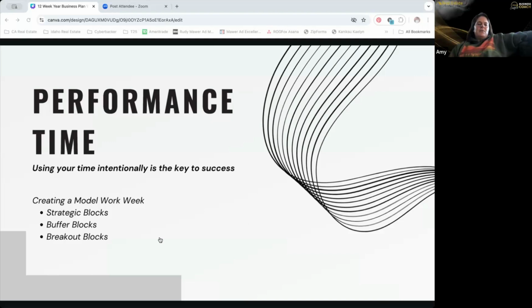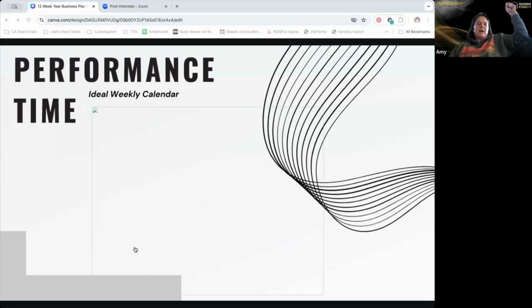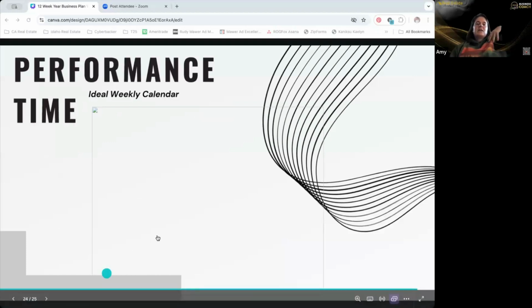I have an example, although it doesn't look like it stayed on. So that's going to be sad. I'll have to figure that one out here in a minute. But anyways, so we've talked about how to shift to the 12-week year. I think I just copied this one. Hold on. All right, this is just a copy, but the next one's supposed to have my picture of my ideal weekly calendar. So I'm really sad that it's not on there.